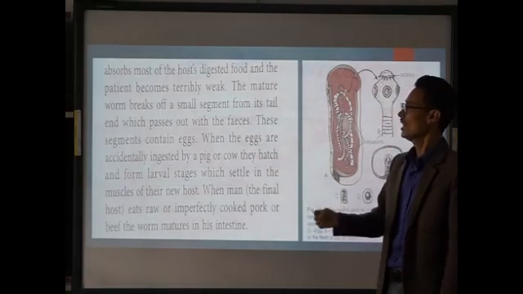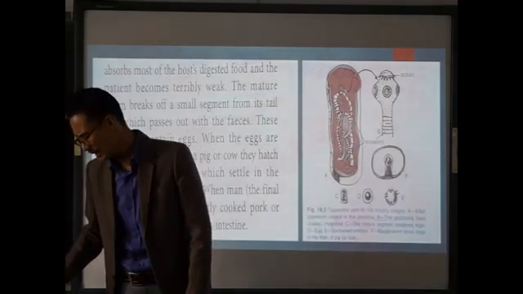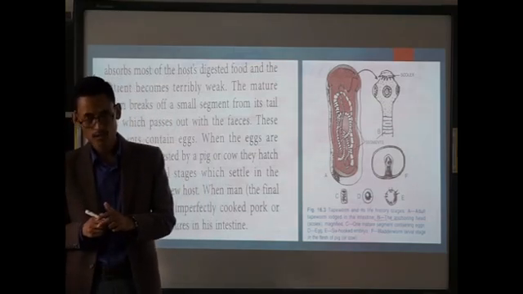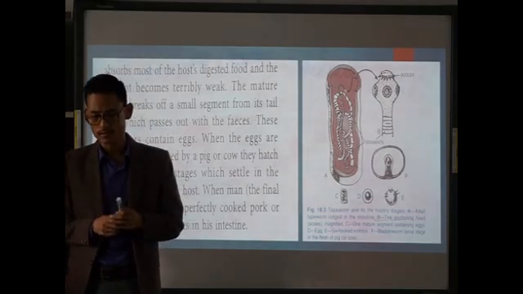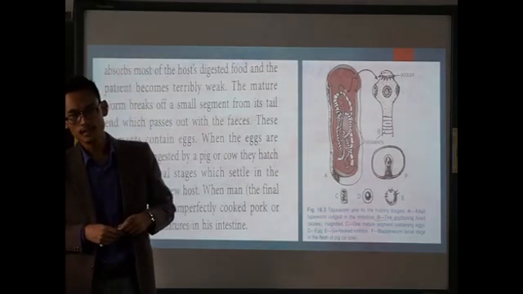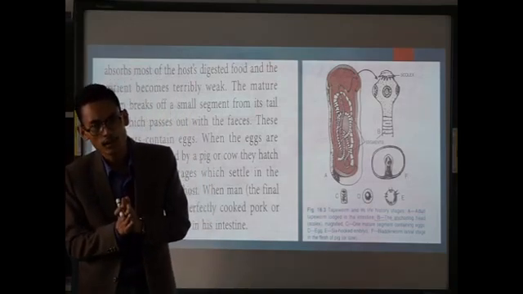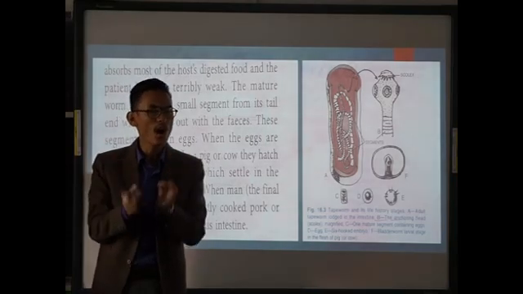Clear? So today we have learned about three diseases caused by parasitic worms: Ascariasis, Filariasis or Elephantiasis, and the third disease, Taeniasis. Here you have to remember the name of the causative agent, that is, the scientific name of the worm.